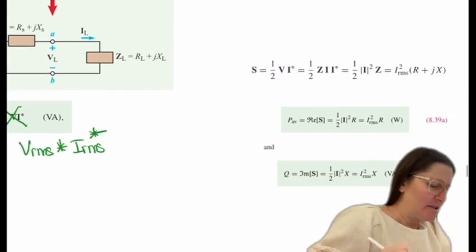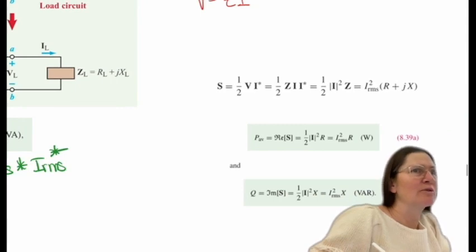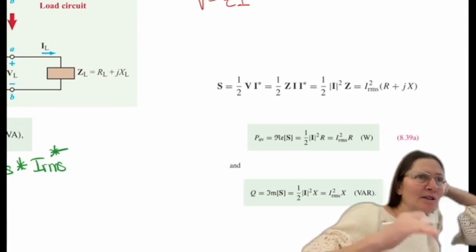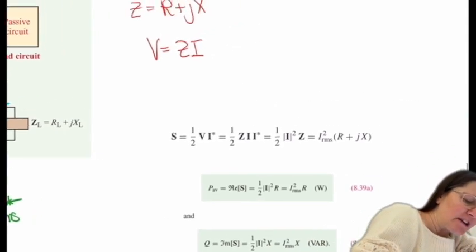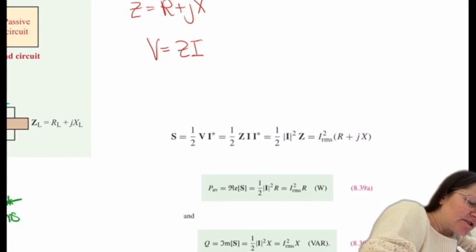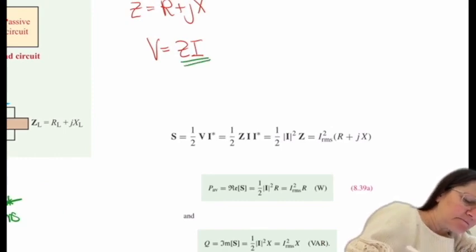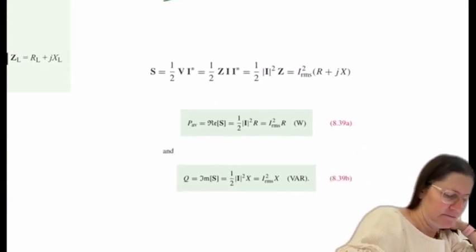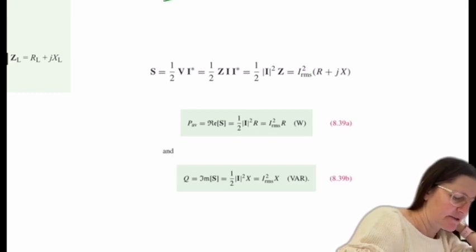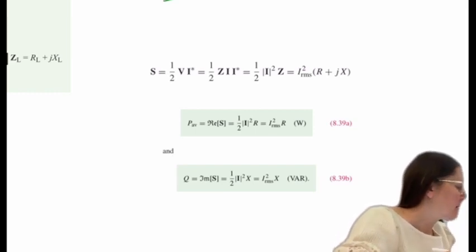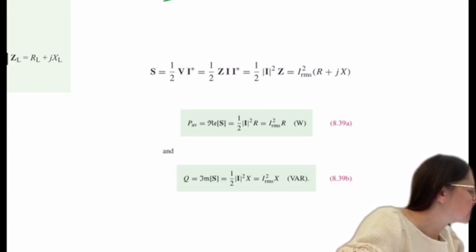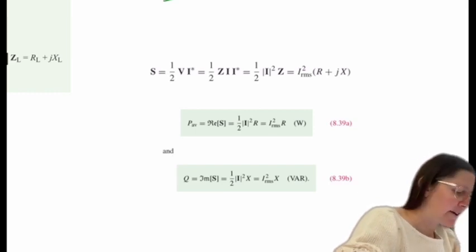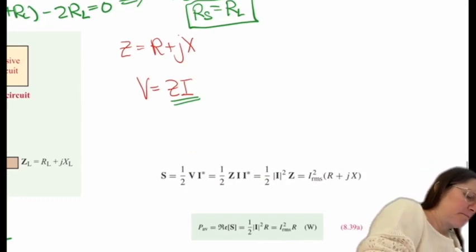That gives you the square root of 2 times the square root of 2 on the bottom, so that's where the 1/2 comes from. And V in this case is your Z times I. And so it ends up being I squared RMS R and I squared RMS X, where X is your J component.